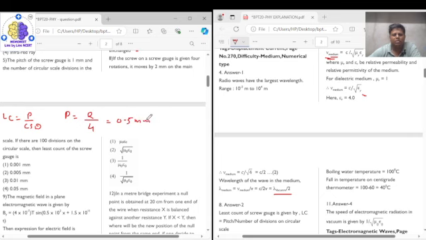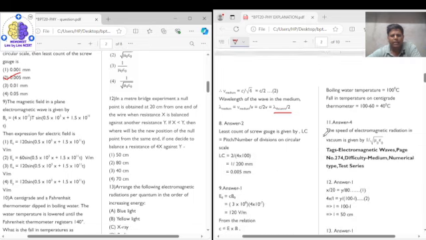Pitch is 0.5 millimeter, and then 0.5 millimeter upon the number of circular scale divisions, 100, will give you 0.005 millimeter. So this is option 2. The correct answer for question number 8 is option 2.